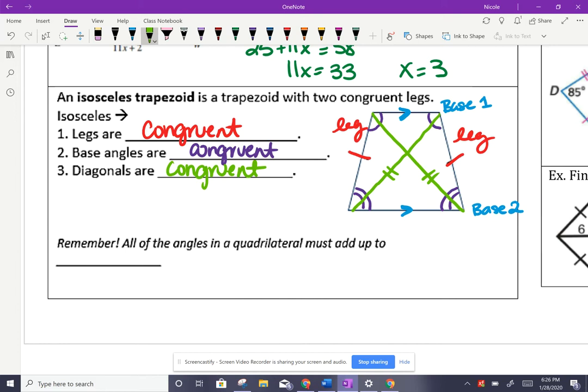Another thing to keep in mind: we talked earlier with trapezoids that angles using the same leg from the two different bases are supplementary.